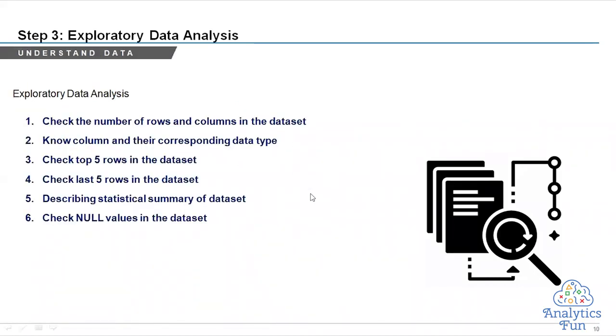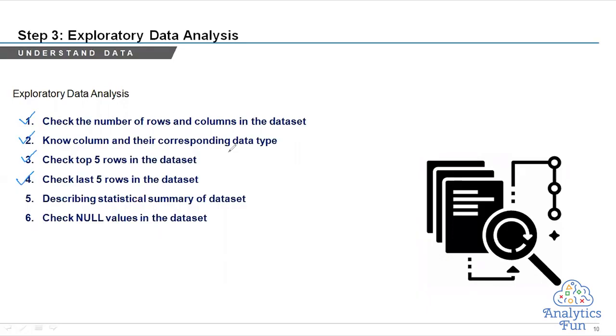So what will encompass the EDA analysis? We will check for the number of rows and columns in the dataset. We will get to know about the columns and their corresponding data types. We will check the top 5 rows and the last 5 rows in the dataset, and whether the top rows or the last rows are consistent or inconsistent.